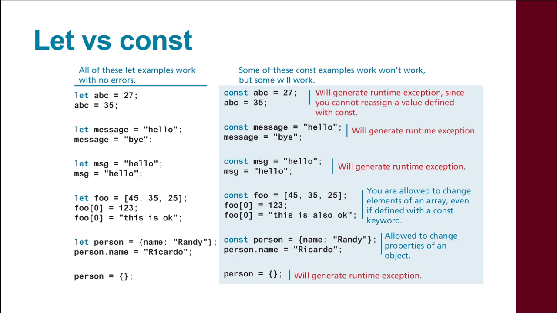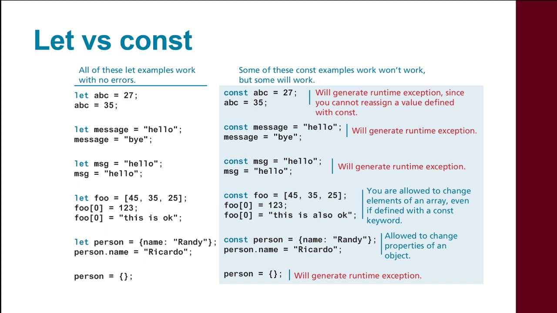Okay, let versus constant. This is kind of what I was going over back there. You can see it on table 8.1. Let is pretty much always going to work. Const won't work in several situations. Once you set a constant variable, you cannot change it.